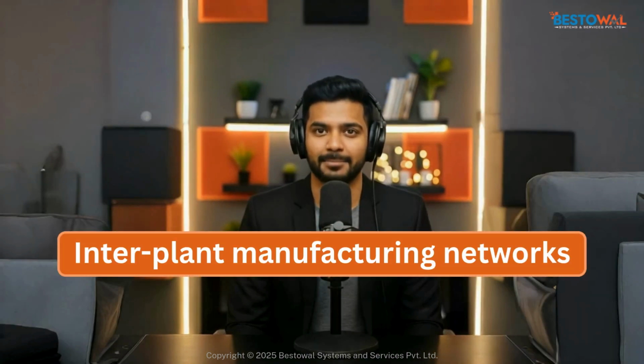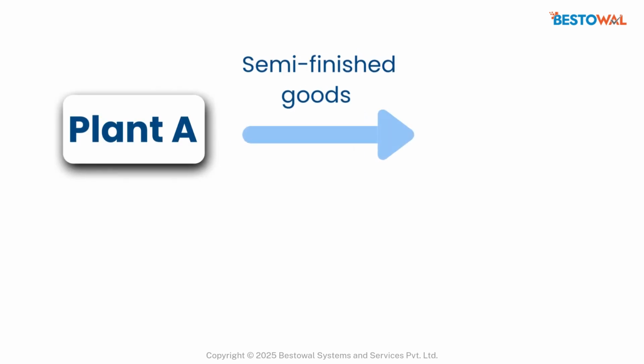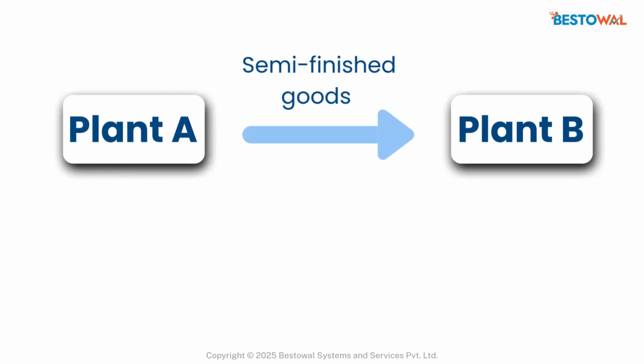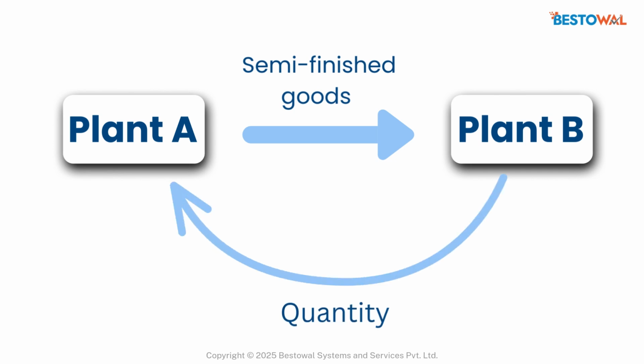Can you elaborate? Where do they show up practically? Very common in interplant manufacturing networks. Let's say plant A supplies semi-finished goods to plant B. Plant B, after final processing, sends some quantity back to plant A. This creates a multi-level cycle. By default, SAP IBP will stop planning and throw an error.